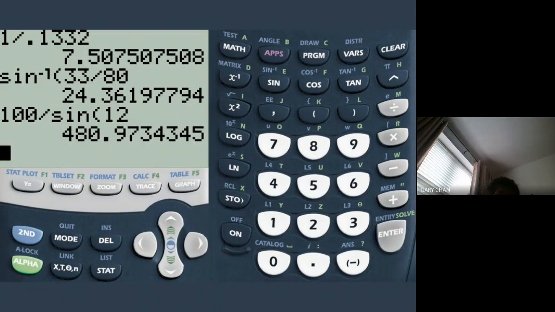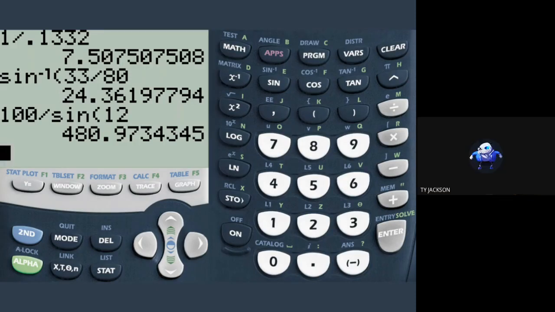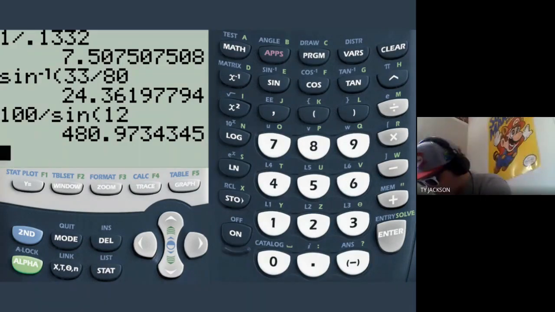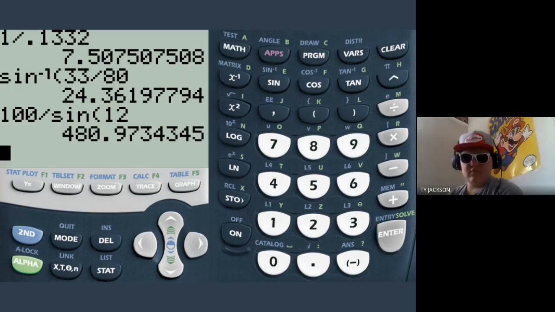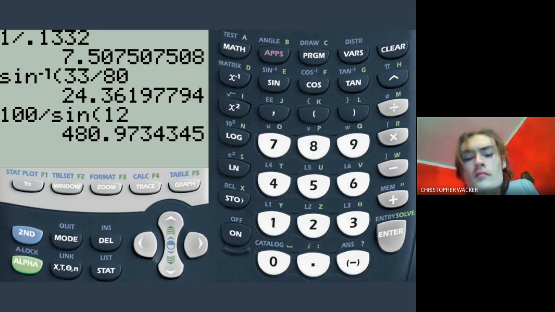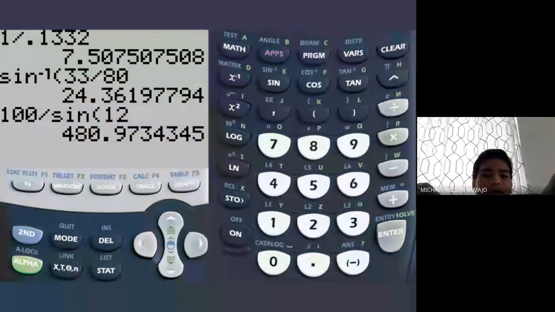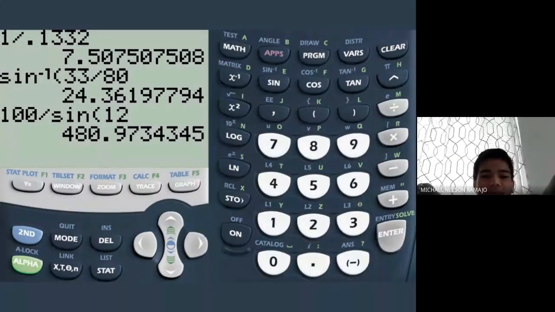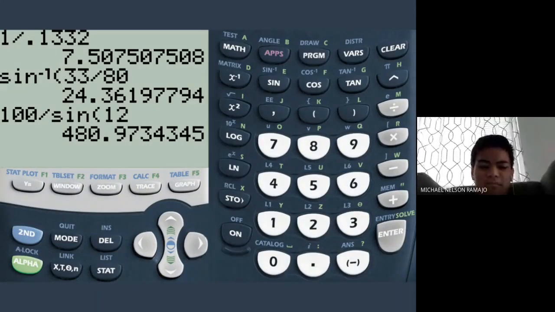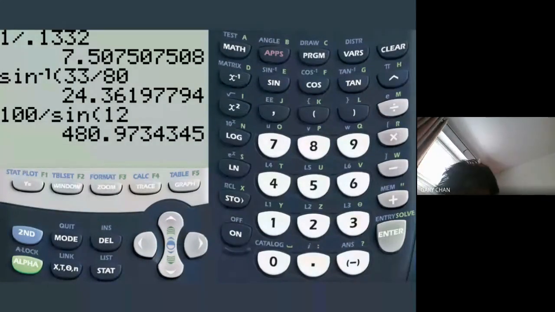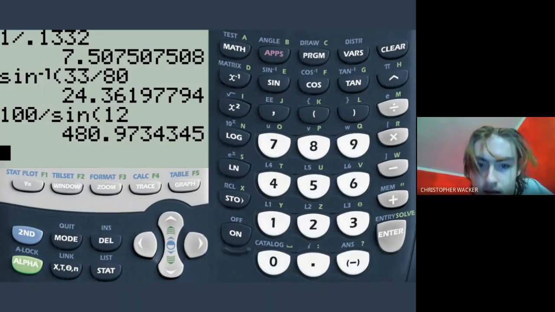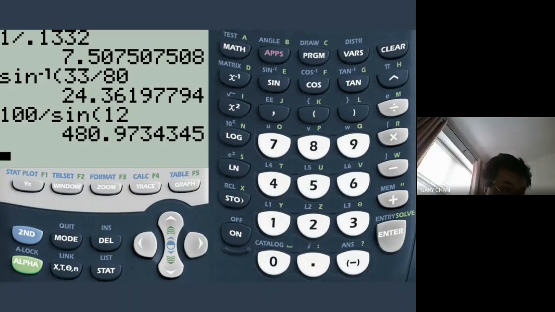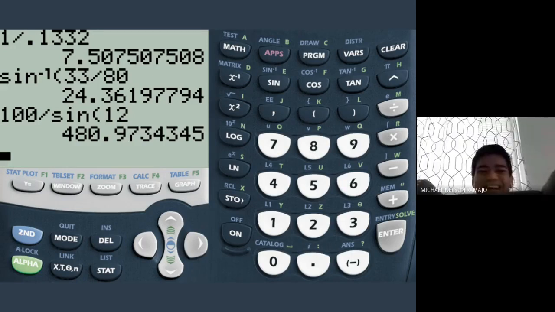And what are we supposed to round this to? 100th, I believe. The nearest 480.98. No, actually, 97. Yep, you're right. 480.97, right? That's it. Got it. All correct.